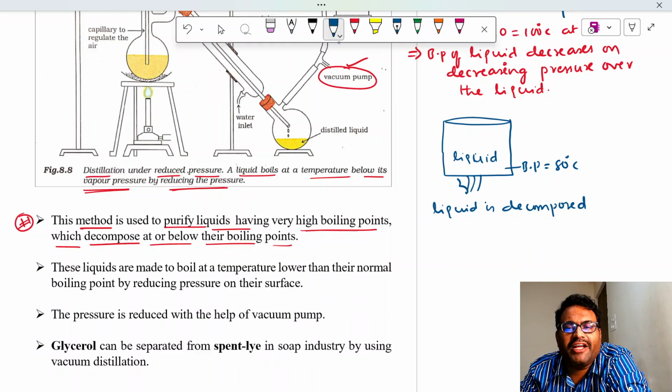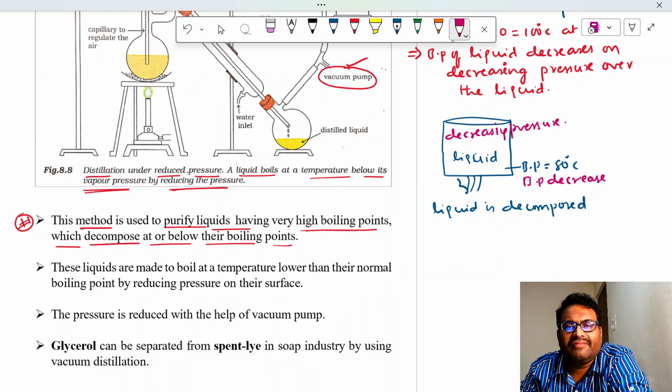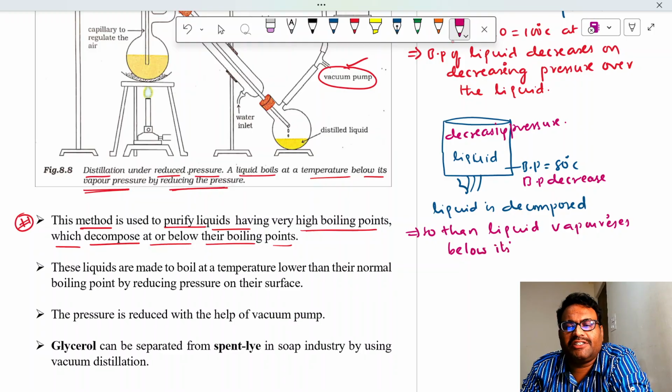So for that purpose, what happens now? Over this liquid, you are decreasing the pressure. Decreasing pressure means removing air over the liquid. So on decreasing pressure, boiling point decreases, so that the liquid vaporizes or boils below its boiling point.